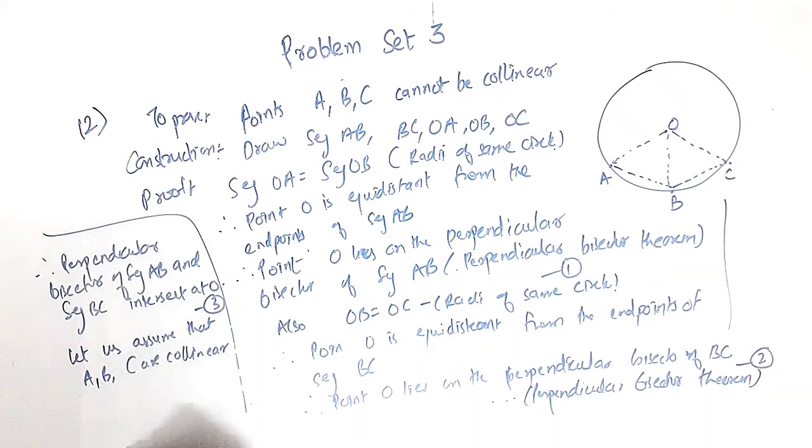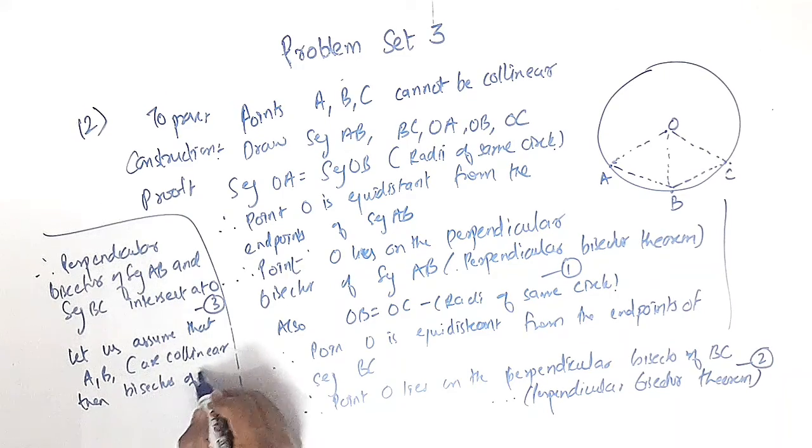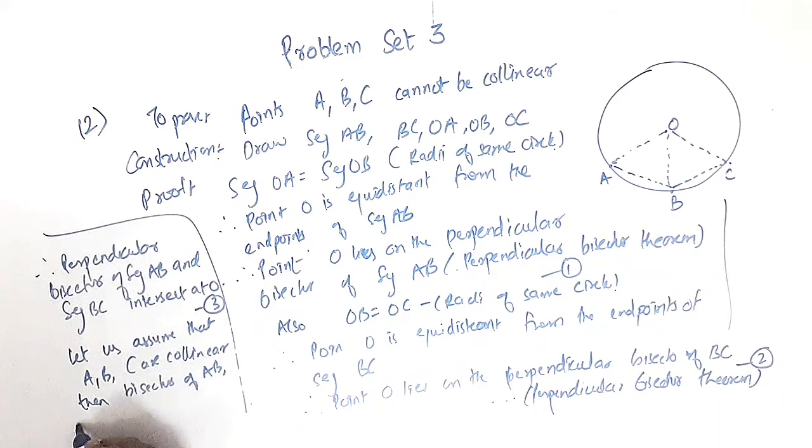If we take them collinear, then bisectors of AB, BC intersect at point O. Okay, they intersect at point O.